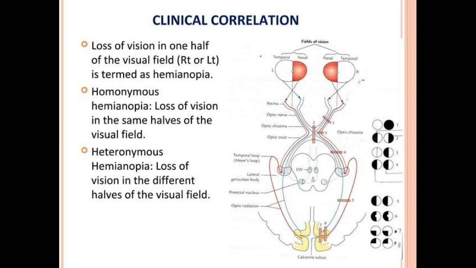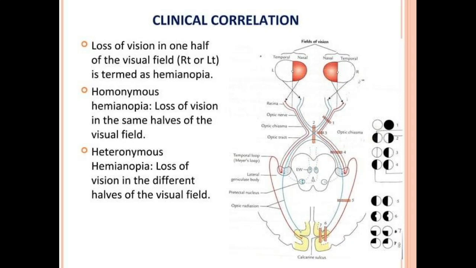Symptoms of homonymous hemianopia can include difficulty reading and recognizing faces, difficulty finding objects in the environment, and difficulty navigating in unfamiliar places.